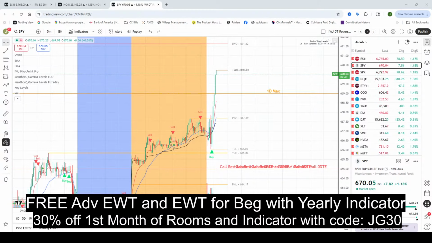We're going to move our stops to 250. And now we just trail until we stop out.